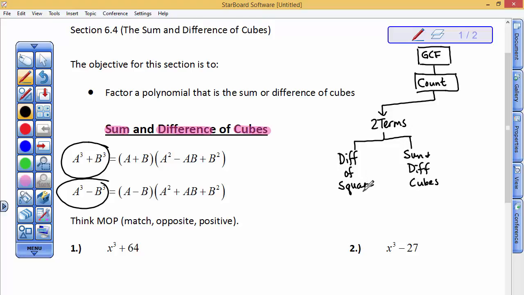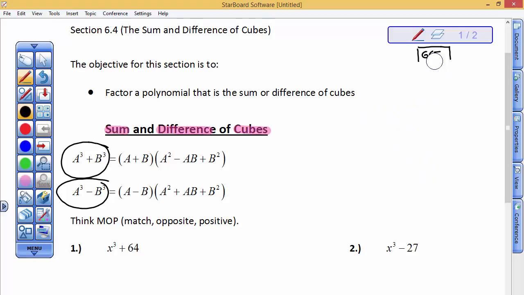So I'm going to have to erase this flowchart. So the sum and difference of cubes is something that is a value raised to the third power plus another value raised to the third power, or minus. And it successfully factors into this format that is a formula.